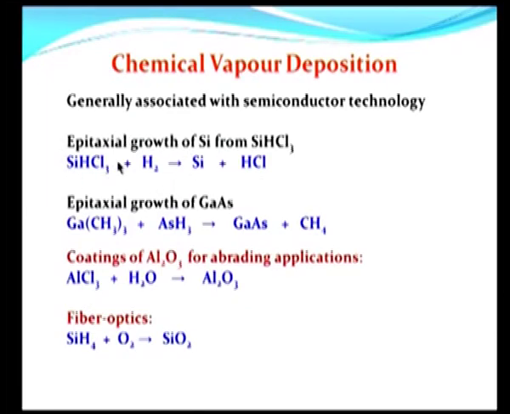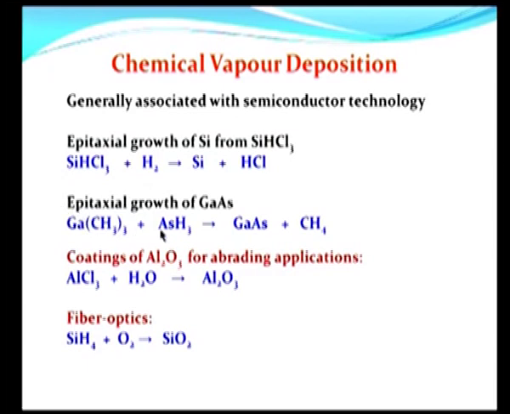It is possible to alter these reactants so that it allows us to alter the range of temperatures or the conditions over which the reaction can take place, and that way to control the structure, the microstructure, the nanostructure of the resulting film.